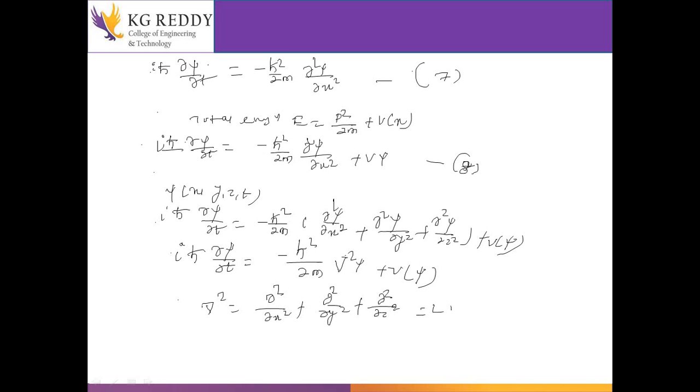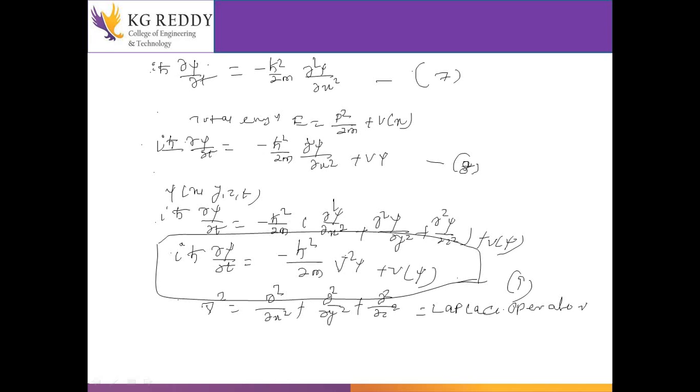This is known as the Laplacian operator. I will give one equation number here. This equation number 9 is known as the time dependent Schrodinger wave equation. This is a very important equation.